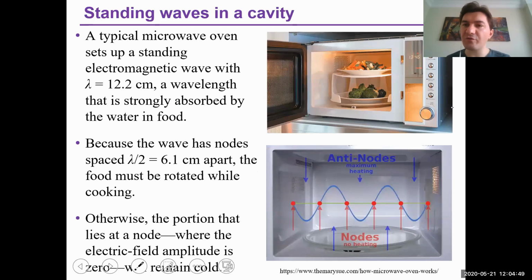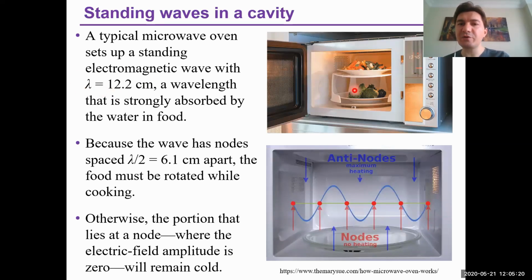Then let me show you one example. This is a typical microwave oven, and we have standing electromagnetic waves with a wavelength of 12.2 centimeters. So the total distance from that metal plate to that metal plate within the microwave oven is around 24 centimeters, something like this, 2 times lambda, okay?